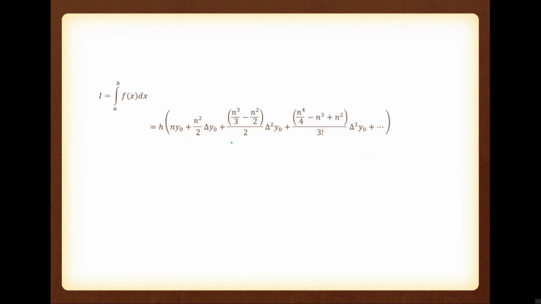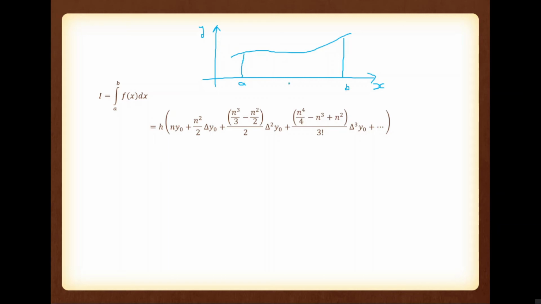So again, this one is the general integration formula that we derived. Now consider a function y equal to f of x. Then this one is the function, and we are asked to find the integration from a to b.